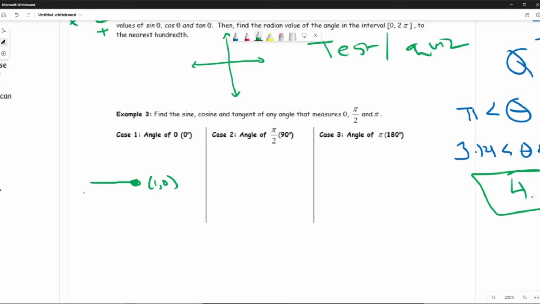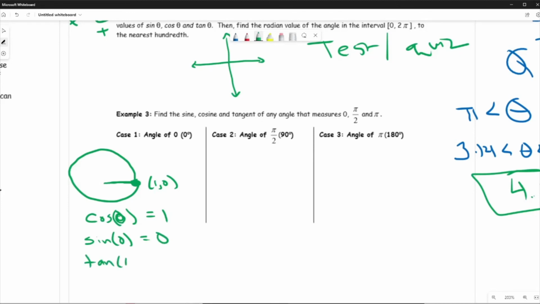So remember, my circle is like all the way around, and my terminal arm and initial arm are on top of each other because a 0 degree angle hasn't moved, and thus the cos of 0 is 1, the sine of 0 is 0, and the tan of 0 is y over x, which is 0 over 1, which is 0.